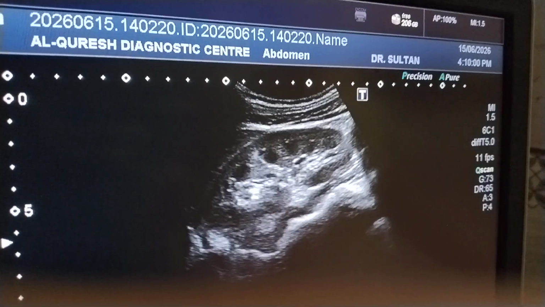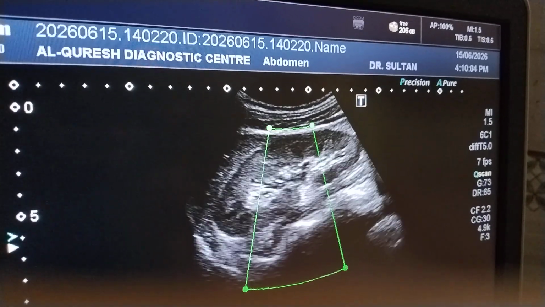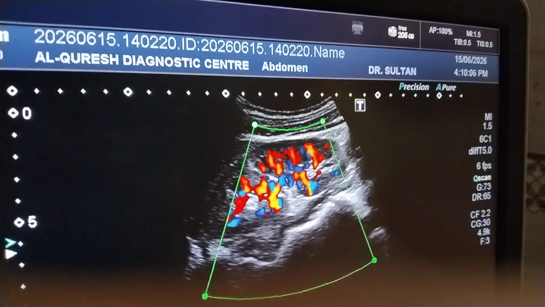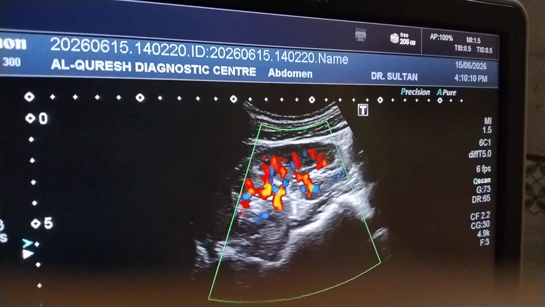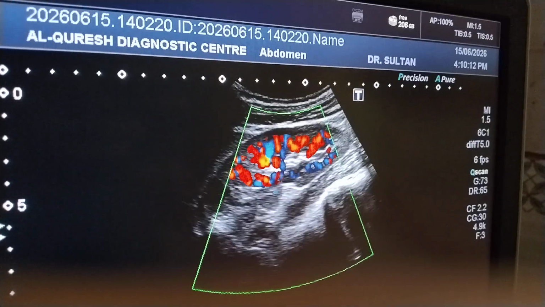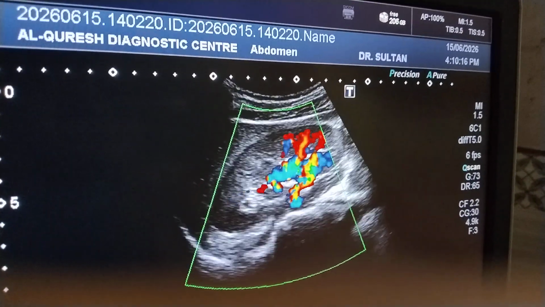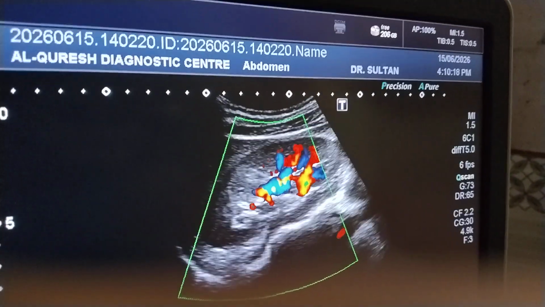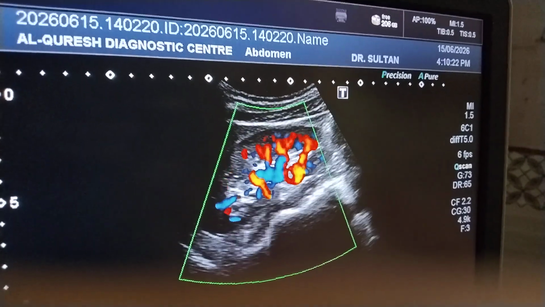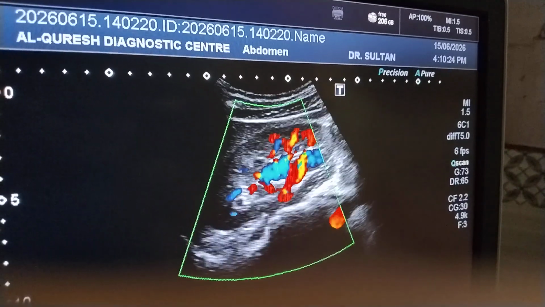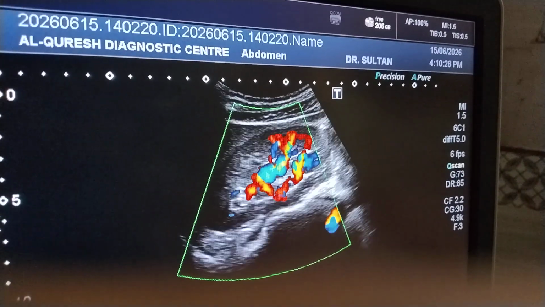So then the other thing is the blood vessels. There are many blood vessels, branches of the renal artery within the kidney. First there is the renal artery, then the segmental arteries, then the interlobar arteries, which are present in between the pyramids, and then the arcuate arteries.